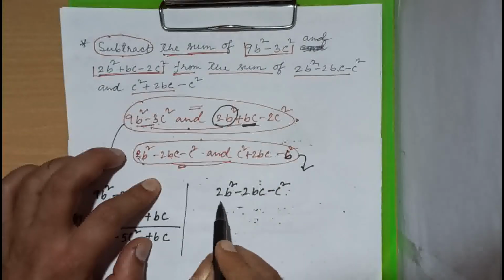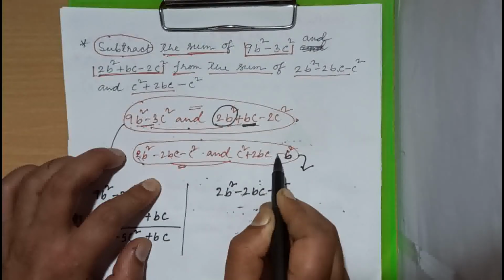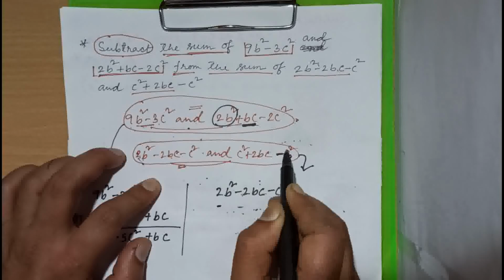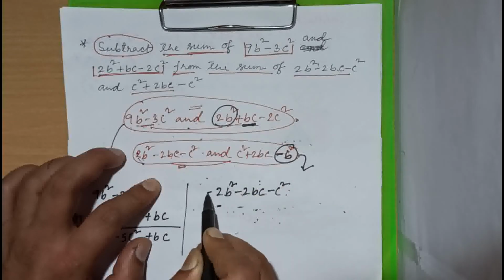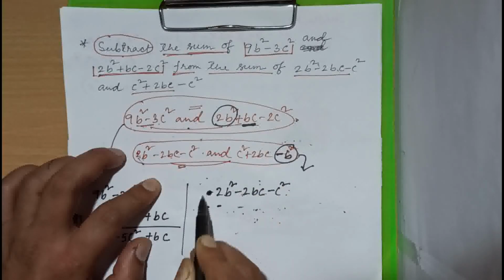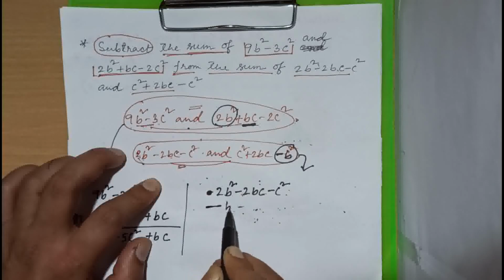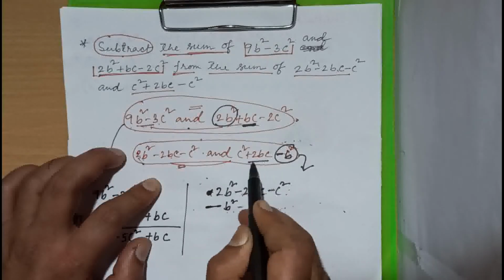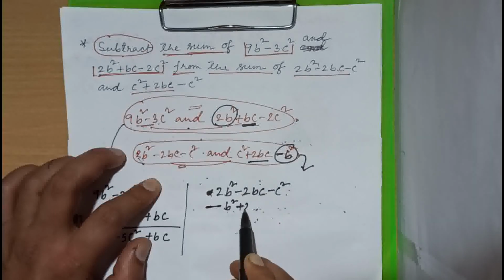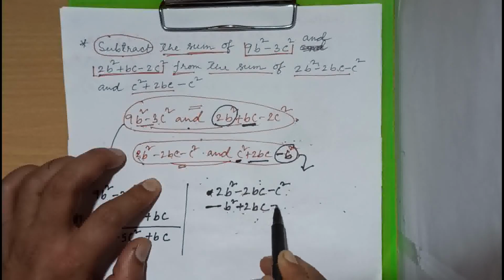So now see, this minus b square we'll write here because this and this term is like. So first we'll write minus b square, and then we'll write plus 2bc like with this one, so plus 2bc, and then this is positive c square.